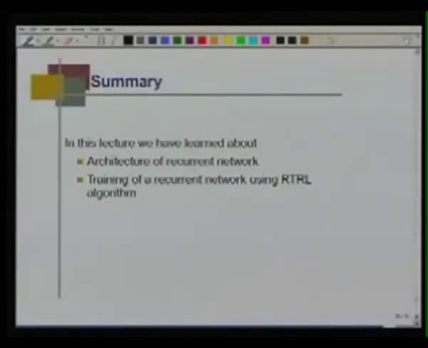So, in this lecture what we learnt is the architecture of a recurrent network. We also presented a training algorithm, RTRL, the real time recurrent learning algorithm. This is an online learning algorithm.